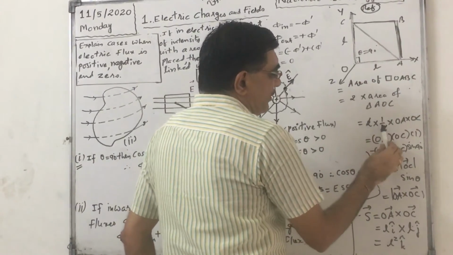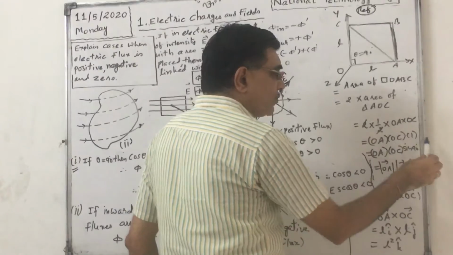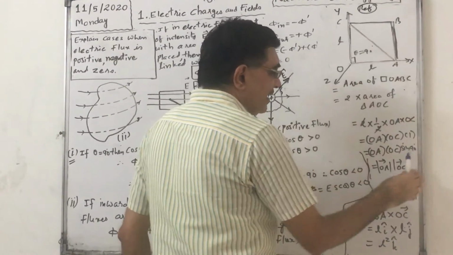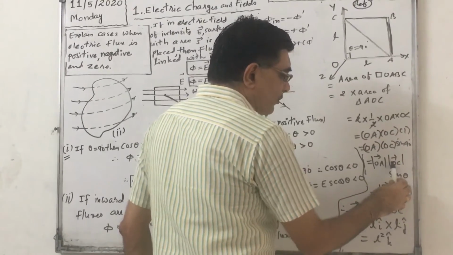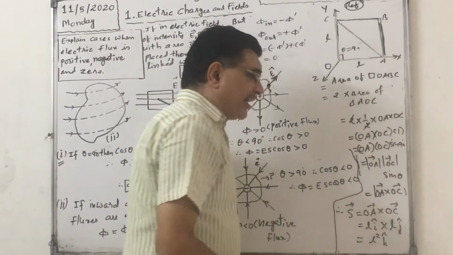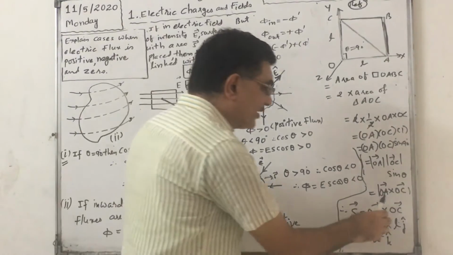So 2 into half of OA into OC, the 2 cancels, it is OA into OC into 1. The 1 can be written as sin 90, where 90 is the angle between OA and OC. So this can be written as mod of vector OA, mod of vector OC, into sin theta. So this is the magnitude of the cross product, the vector product.